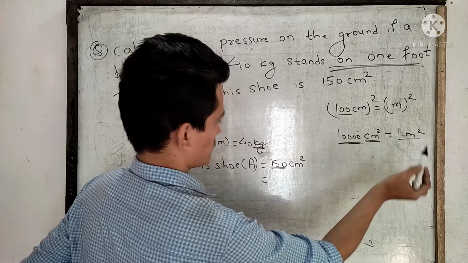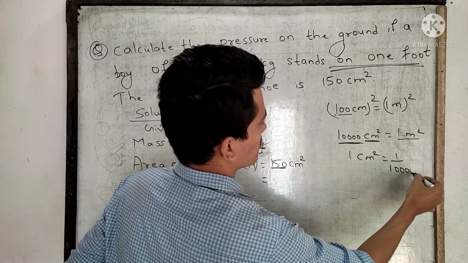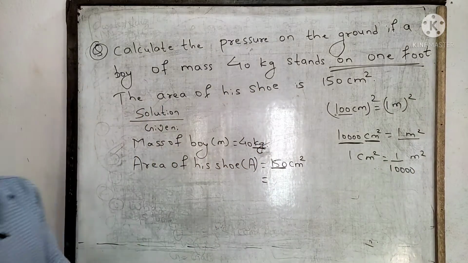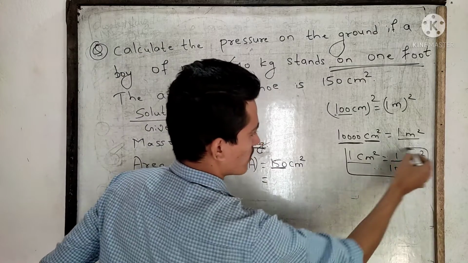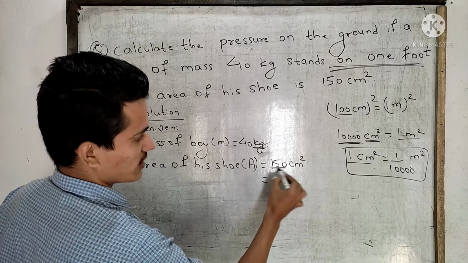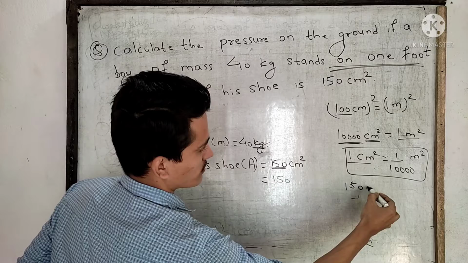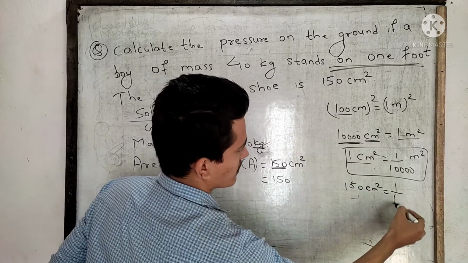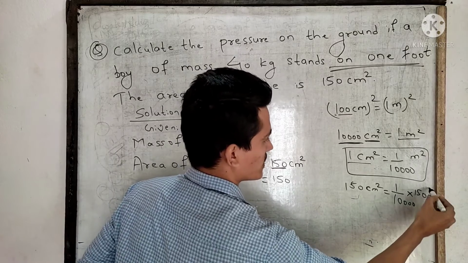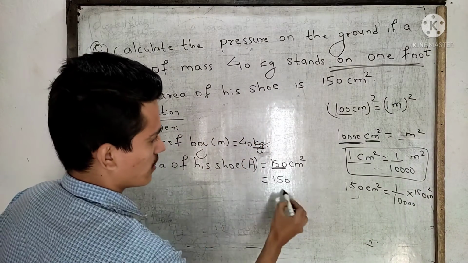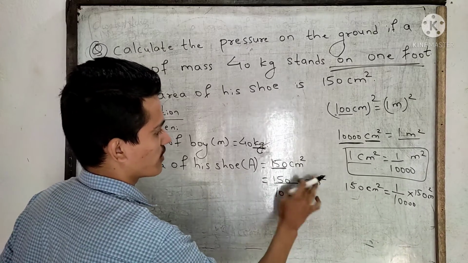Now 1 centimeter square is equal to 1 by 10,000 meter square. In this way you can write, 150 cm square is equal to 150 upon 10,000 meter square.